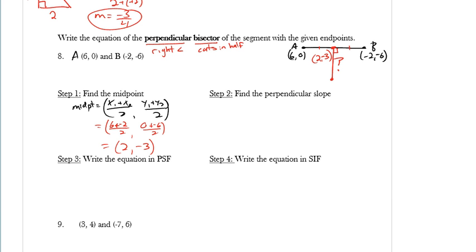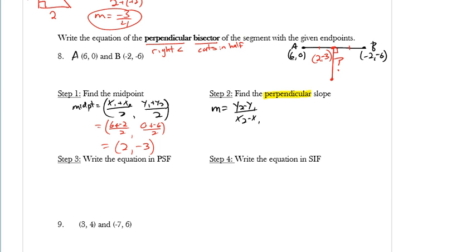So next step, find the perpendicular slope. Okay, so we want the perpendicular slope, so what we need to do is find the slope of AB and then go from there. So again, we want to make sure we get that perpendicular slope. Find slope here. Again, this is all review. y2 minus y1 over x2 minus x1.